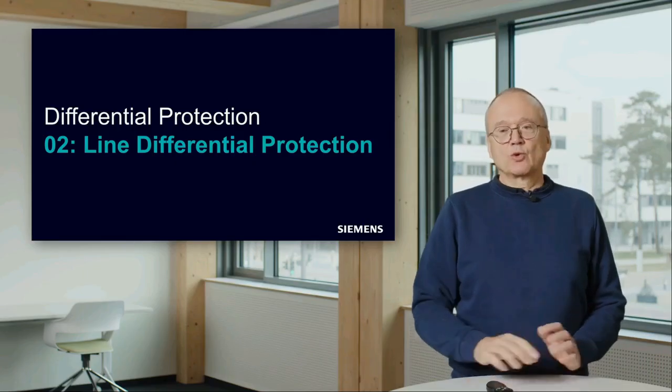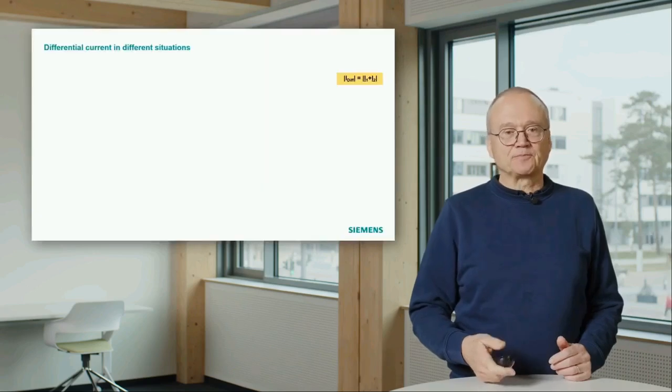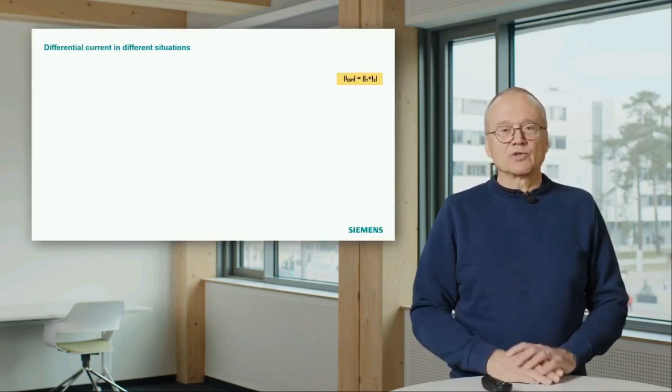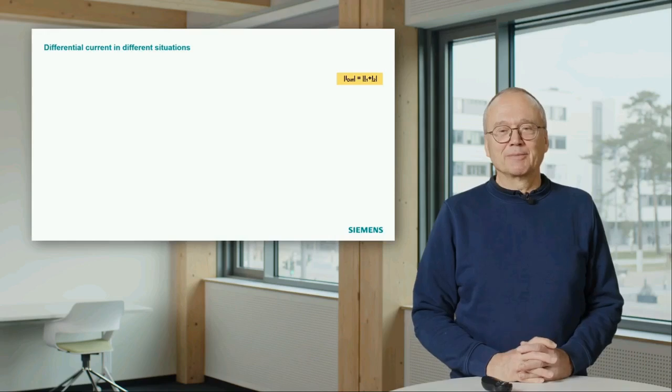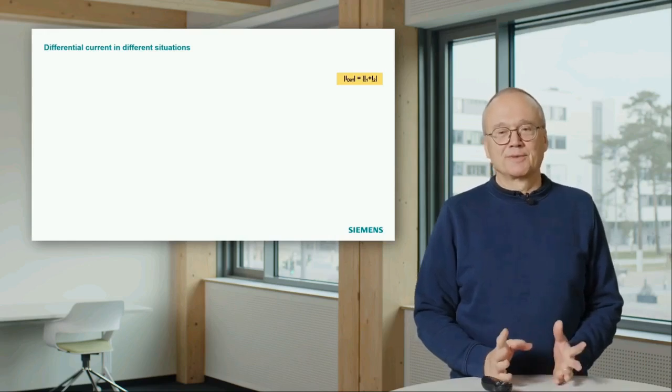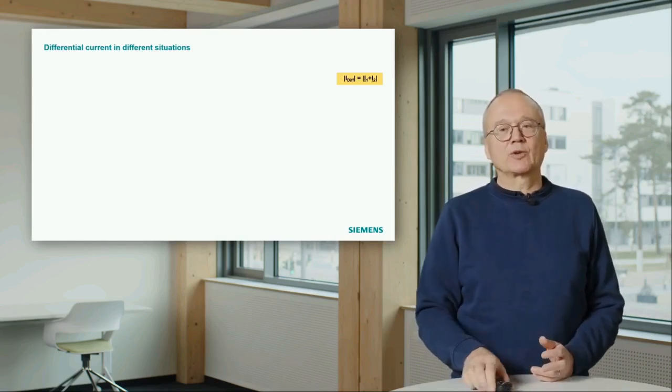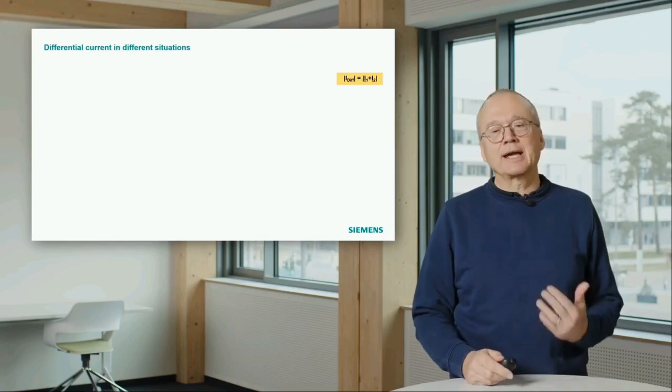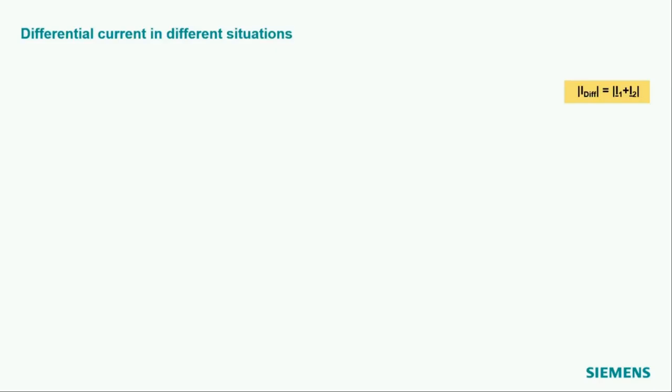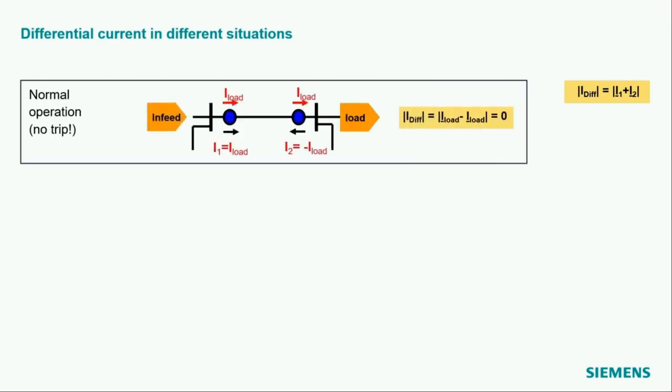Let's have a look into line differential protection. You see here again in the yellow box the equation how we calculate the differential current, and I would like now to show the different situations we have to distinguish. The first thing is the normal operation.